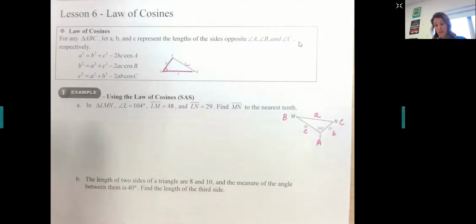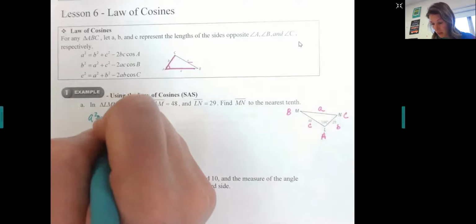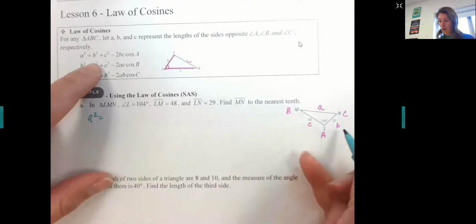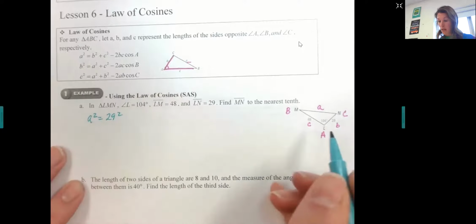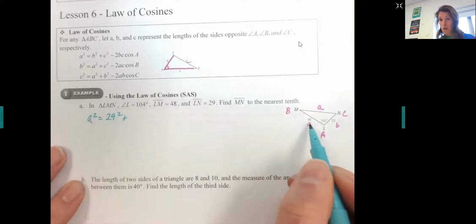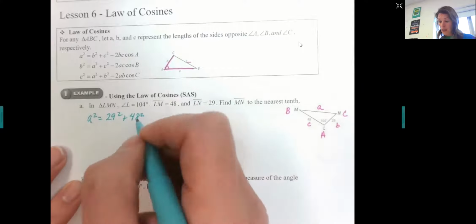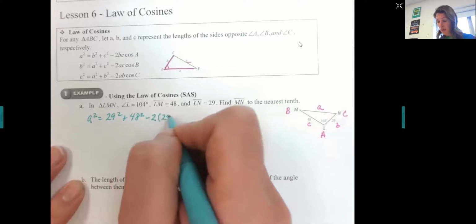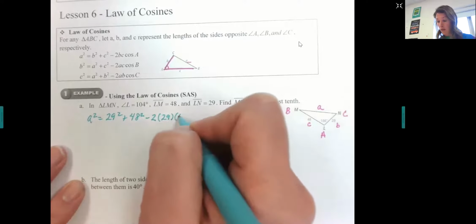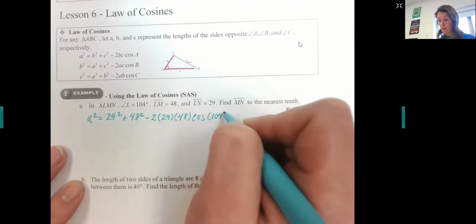So let's put these in. In this equation, the side we're looking for, which we're labeling as a, a squared is equal to the side across from b squared, that is 29 squared, plus c squared, which we've labeled as 48, minus 2 times b, which is 29, times c, which is 48, times cosine of 104.